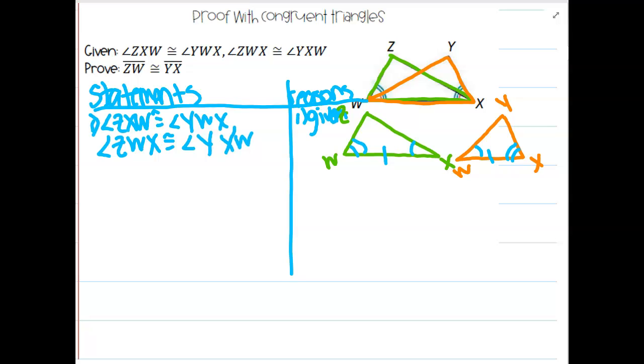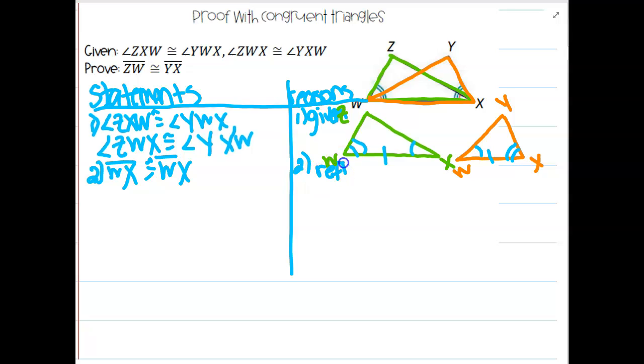So I'm just going to say the side. So what is my set of congruent sides? What side is congruent? WX congruent to WX. How do you know WX is congruent to WX?